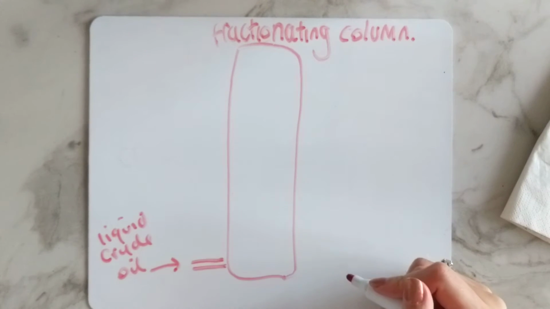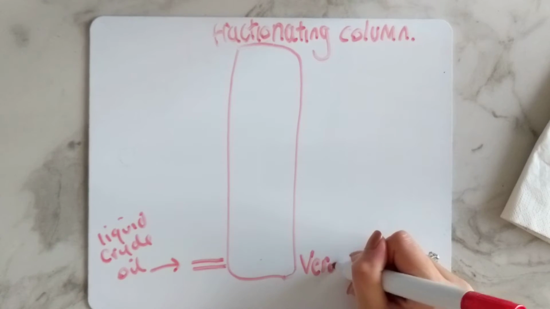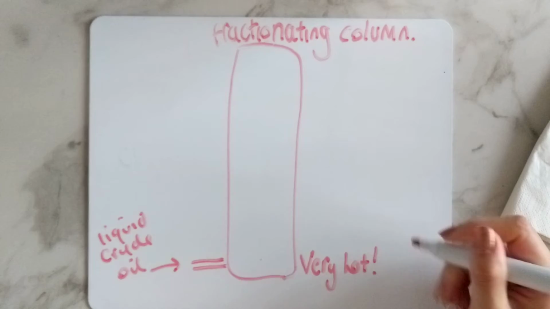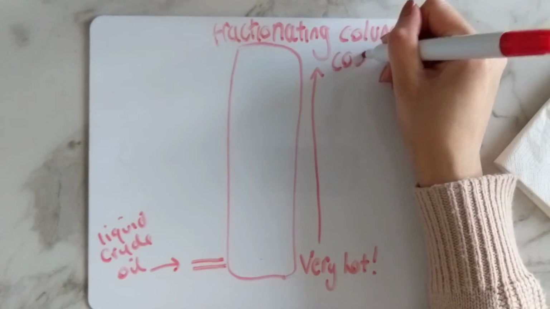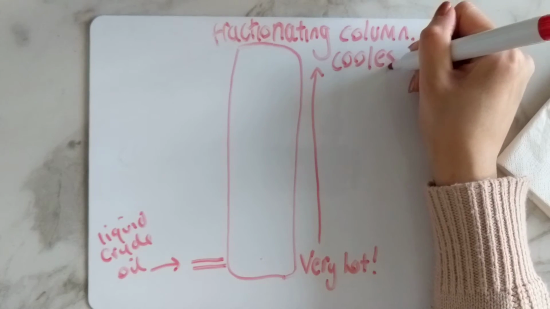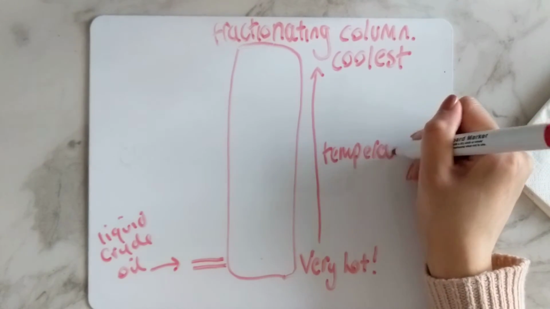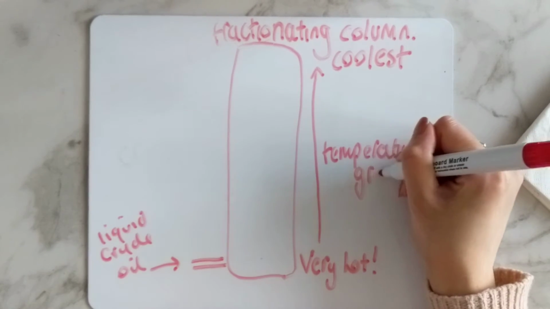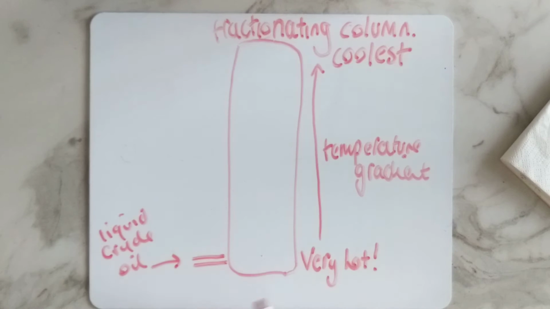At the bottom it is extremely hot, and as you go up the column it gets cooler. So there is a temperature gradient in the column, hottest at the bottom and coolest at the top.